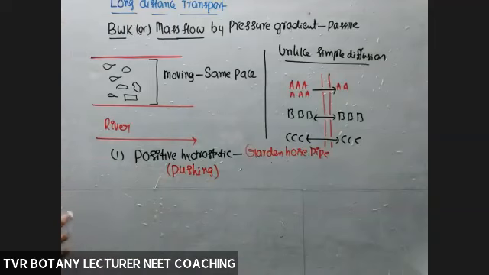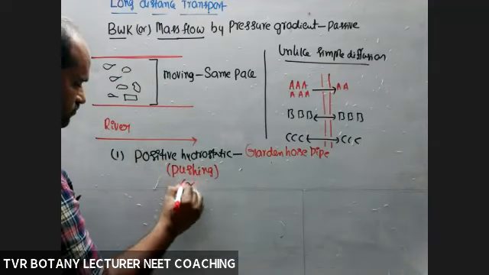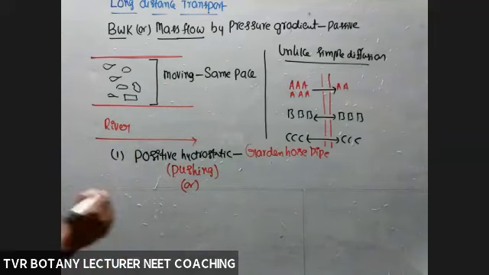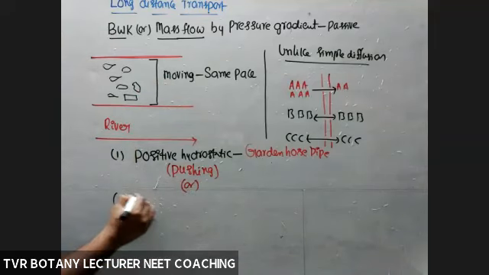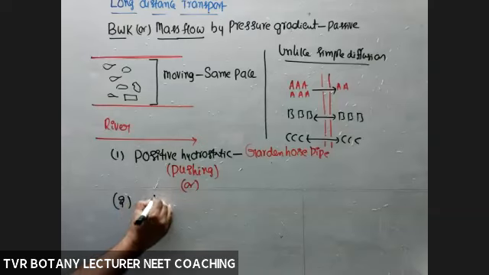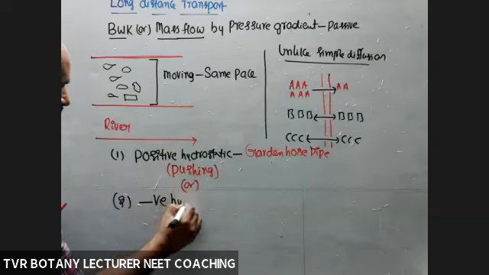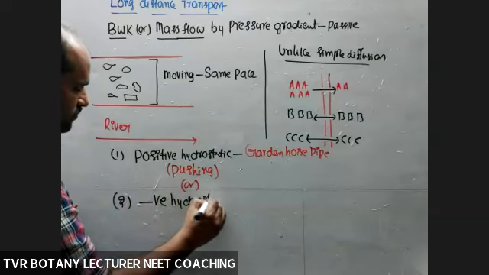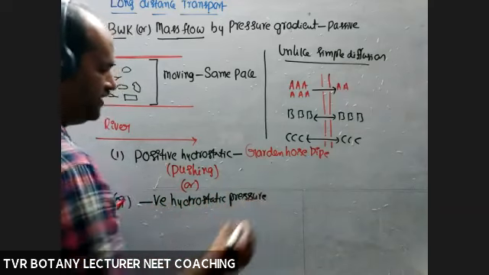So en masse movement is either pushing or, second one, pulling. That is a negative hydrostatic pressure. Here it is pulling.